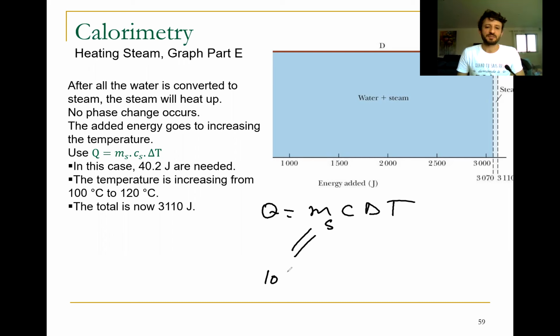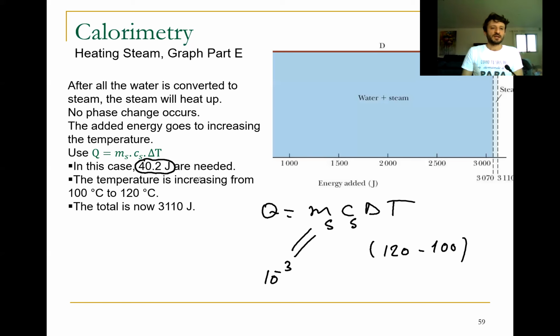Equals 10 power minus 3 kilogram. C of steam, you can find in the table. Delta T equals 120 minus 100. Okay, you do the calculation, you get finally 40.2 joule.